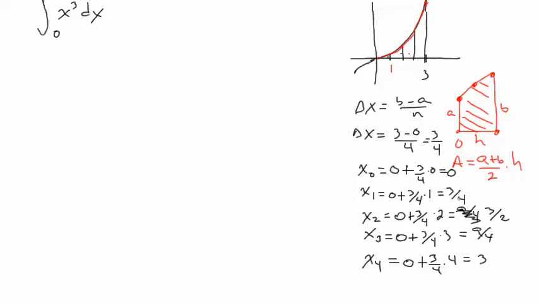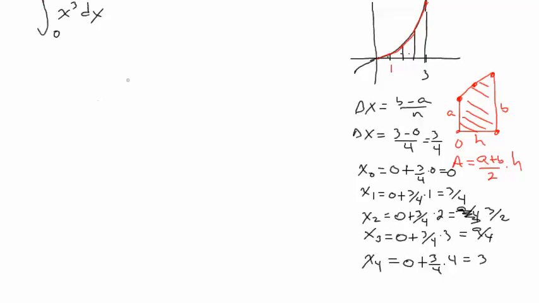And then we go over 3/4, then 3/2, 9/4, and then finally to 3. So this would be 0. This one here would be 3/4. This x value is 3/2, 9/4, and then 3. All right, so we got that taken care of.